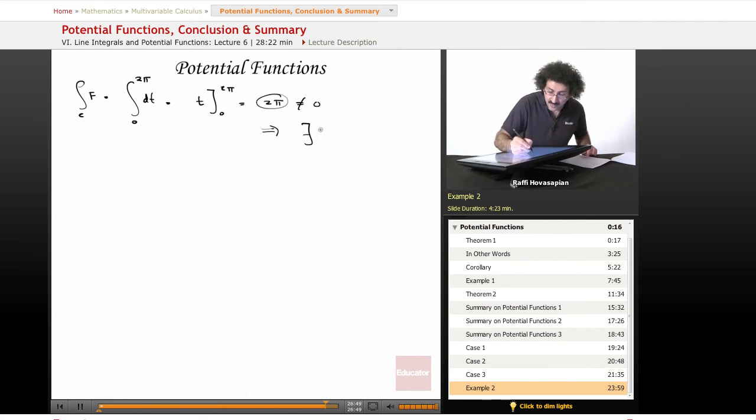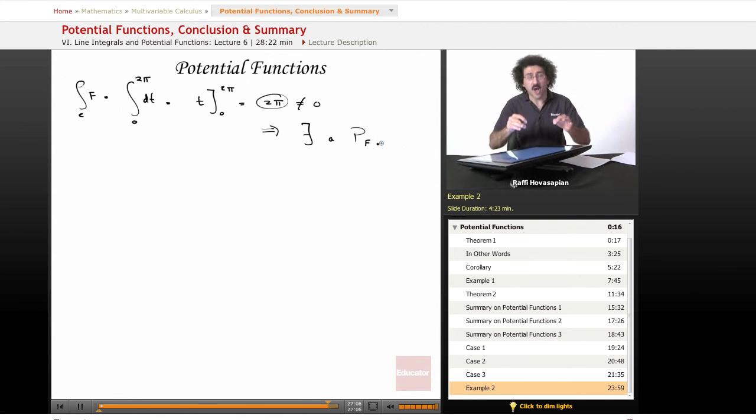This implies that there does not exist a potential function. There does not exist a potential function for this particular vector field on this particular open set, the plane with the origin deleted. If it were equal to 0, then we can conclude that a potential function exists. In this particular case, a potential function does not exist for this vector field.